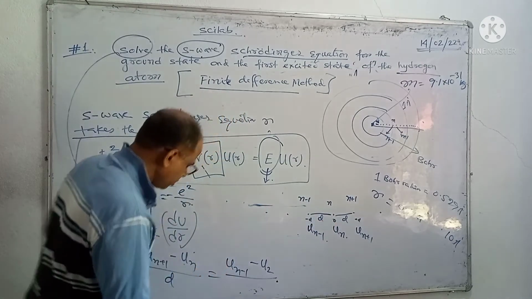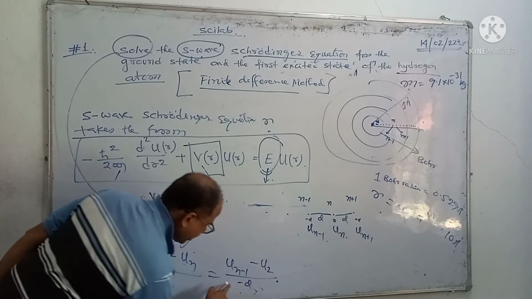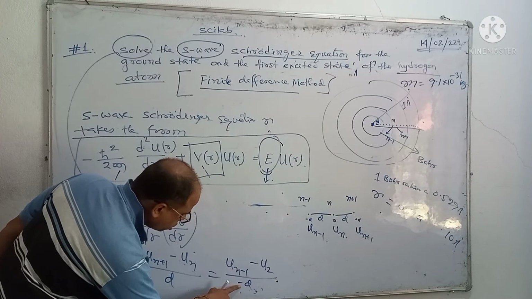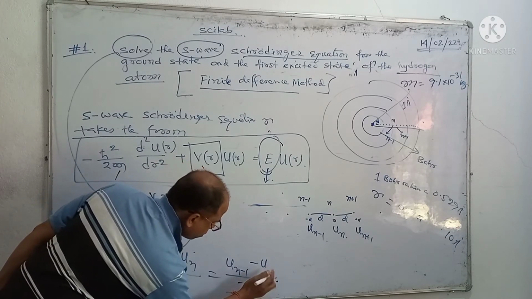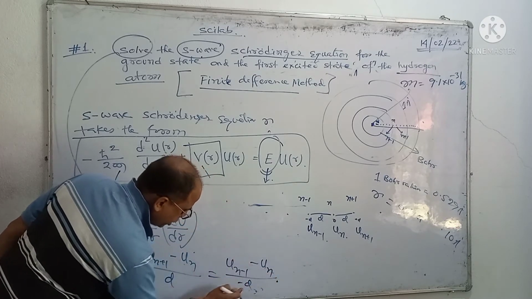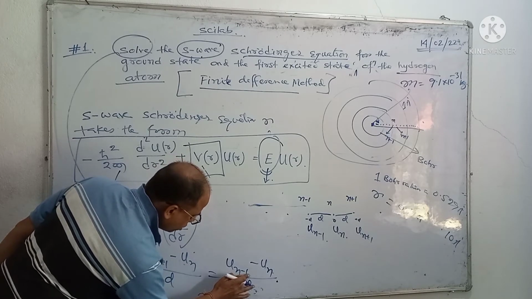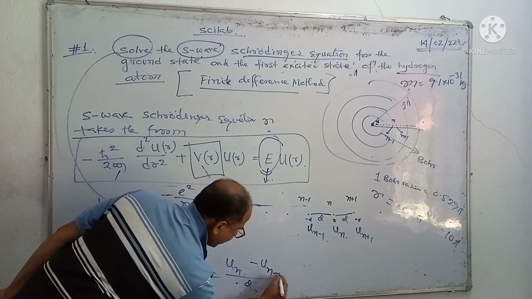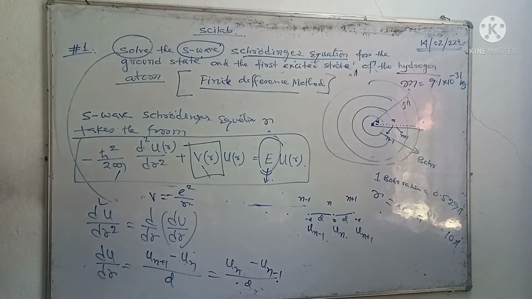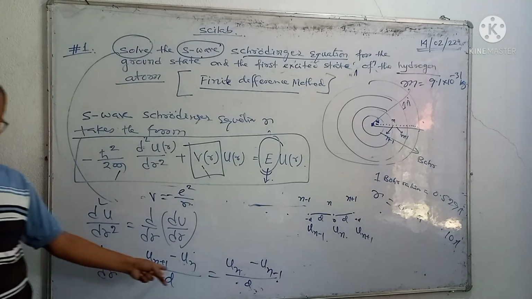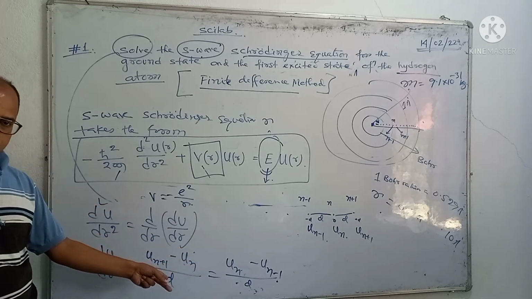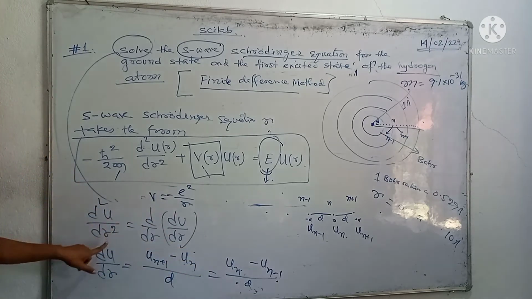If you absorb the minus sign, then what will it be? un minus un minus 1. This is your du by dr in the finite difference method. Next, d square u by dr square.